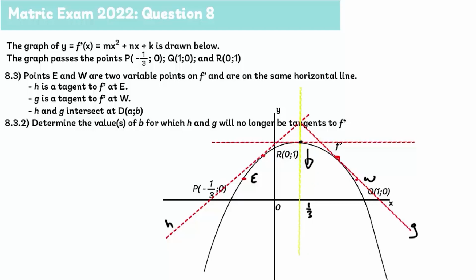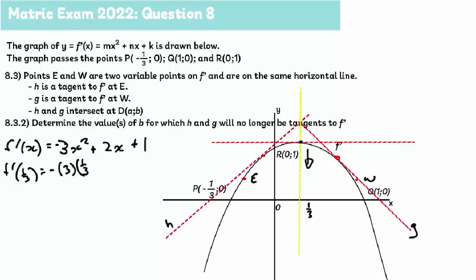So we just have to figure out what y is. And how do we do that? We take the first derivative, which is minus 3x squared plus 2x plus 1. We substitute 1/3 because that's what we know x is. That equals minus 3 times (1/3) squared plus 2 times 1/3 plus 1. If you punch it into your calculator, you'll see we get 4/3.